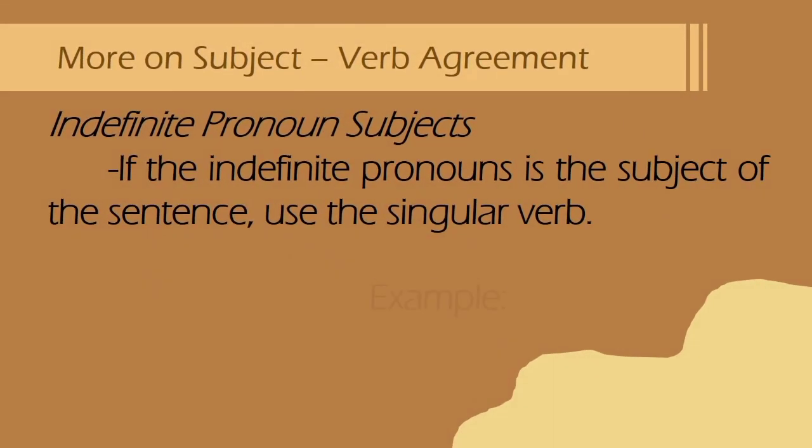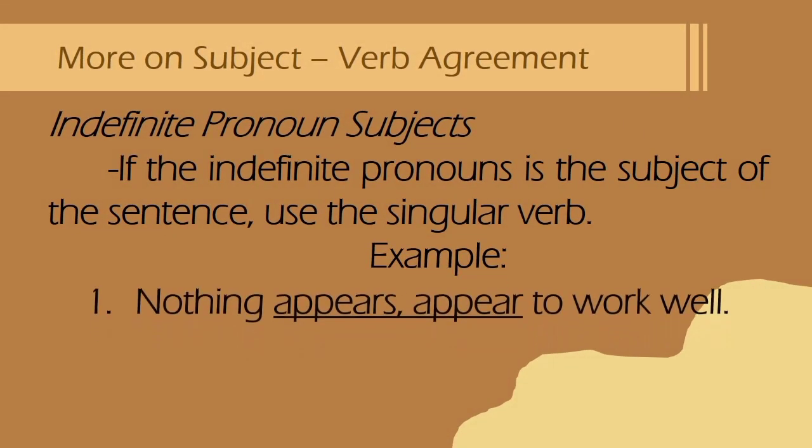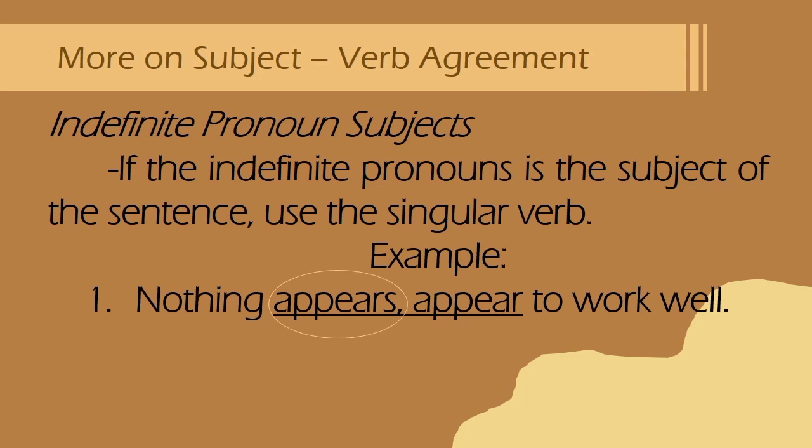For example, nothing appears to work well. Since the indefinite pronoun nothing is used as the subject in our sentence, we are going to use the singular verb form, which is appears. So, nothing appears to work well.